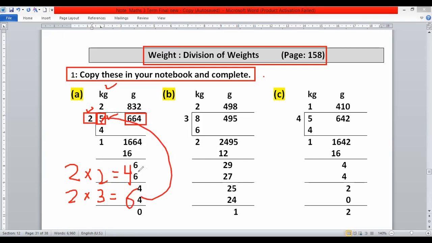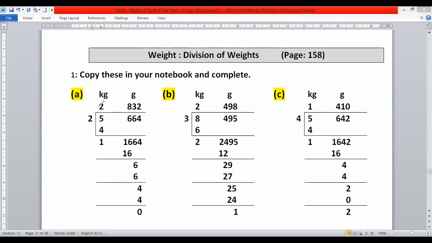So we have to write the number that is very near and less than 5. That is 4. So we will write 2 here. 2 multiplied by 2 is equal to 4. This 2 we will write up, and this 4 down below the 5.